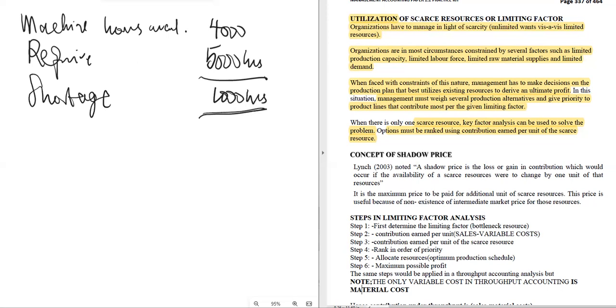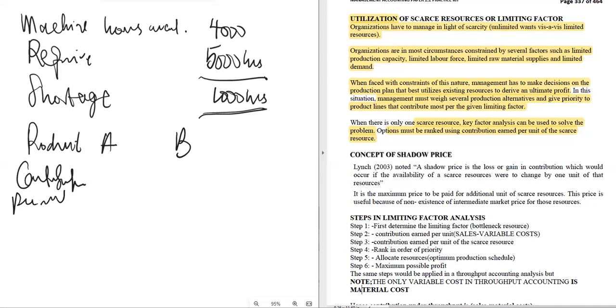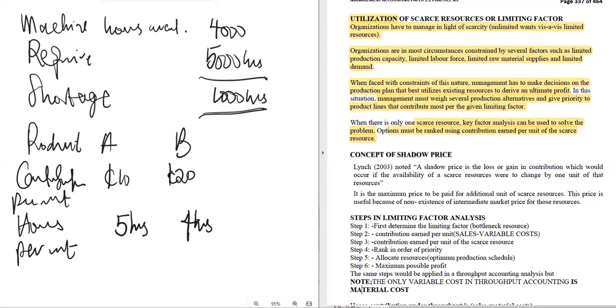So if you have a shortage of 1,000 hours, and you have, let's say, a product A and a product B, which have contribution per unit of 10 cedis for A and 20 cedis for B. The machine hours required to produce every unit is 5 hours for product A and maybe 4 hours for product B. For 5 hours of machine hours, product A generates a contribution of 10 cedis.